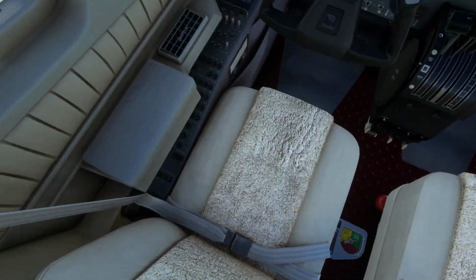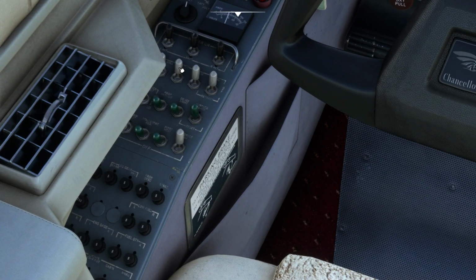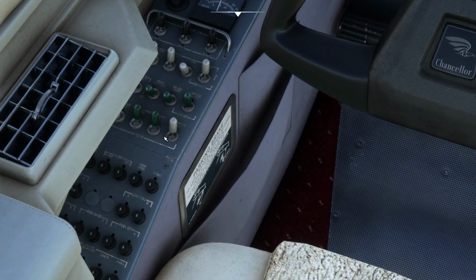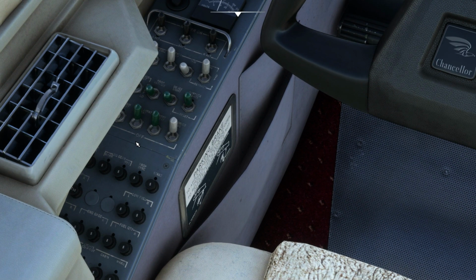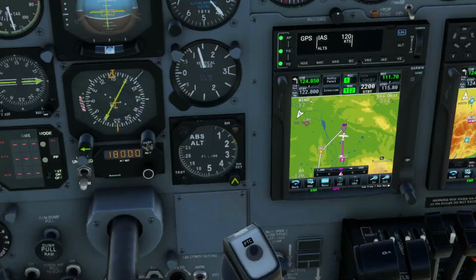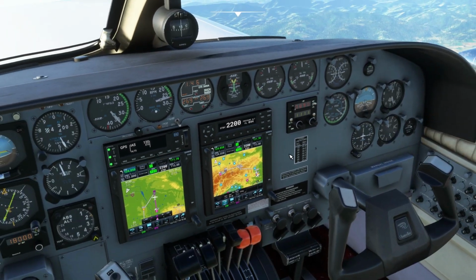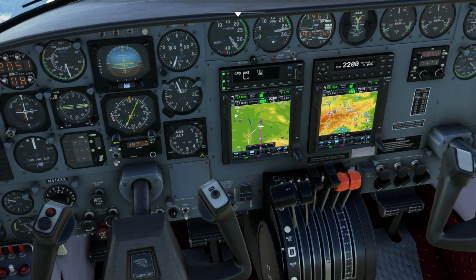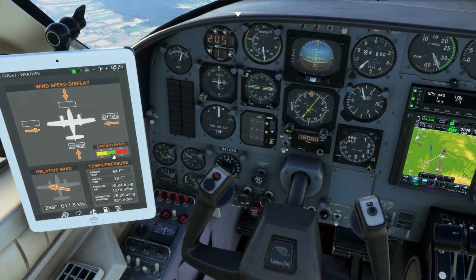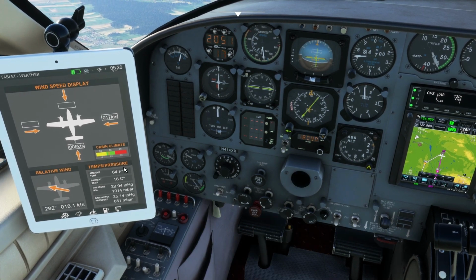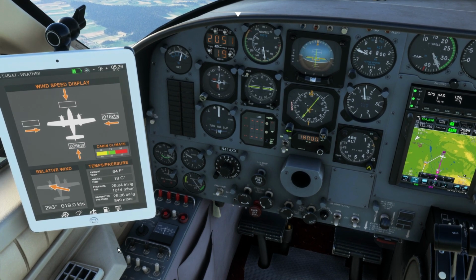Let's see it from the outside. This is beautiful, by the way. I always forget to stop the taxi lights, and I forgot to put the heaters for the pitot heat and the stall vent. As you can see, cabin air is going lower, so we're gonna have to use the heaters.